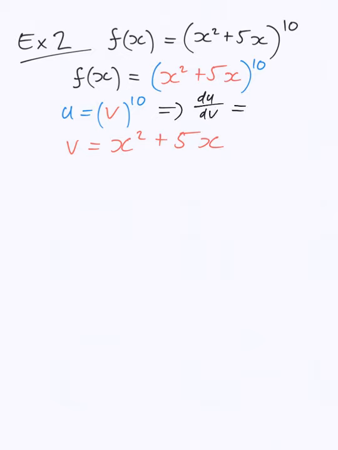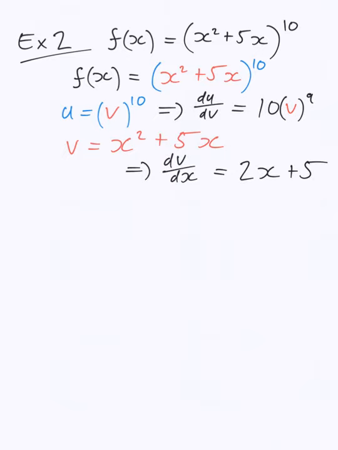So the derivative of v to the power of 10 with respect to v is 10v to the power of 9. The same as if you differentiated x to the power of 10 with respect to x, it would be 10x to the power of 9. Then we differentiate v with respect to x, and we get 2x plus 5. It's fairly straightforward.